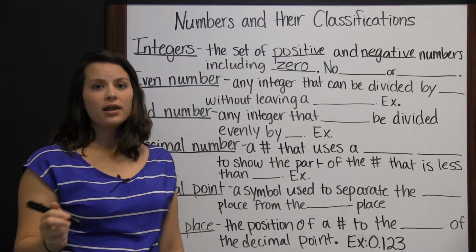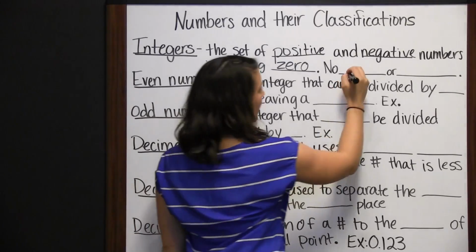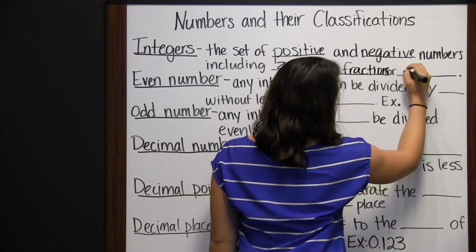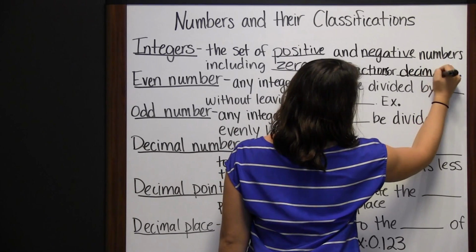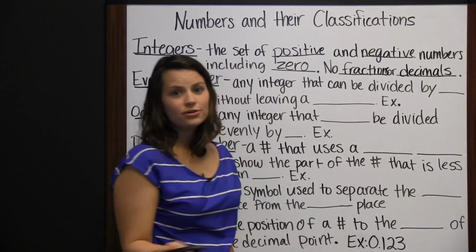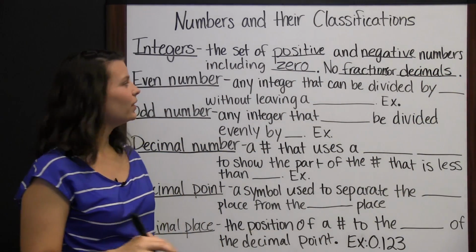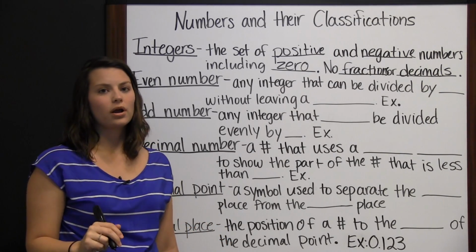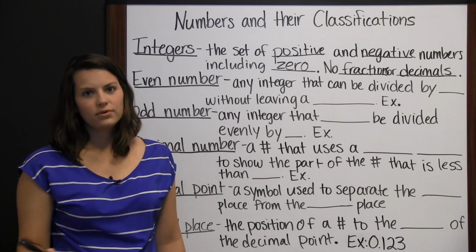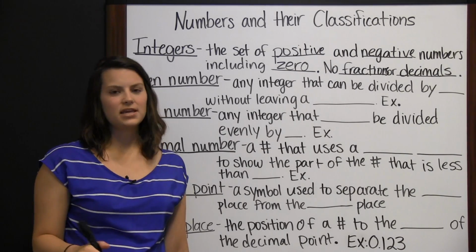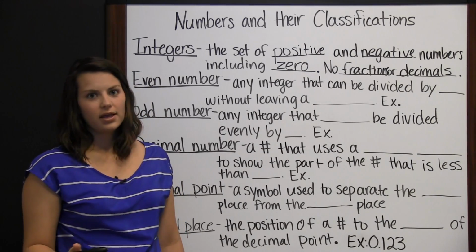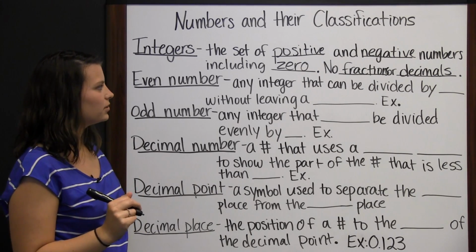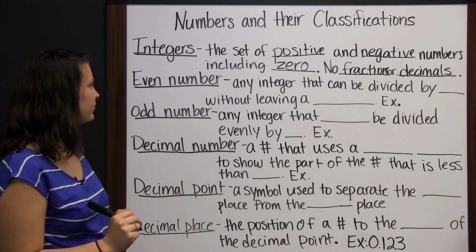But integers do not include numbers like fractions or decimals. That means no mixed numbers either. So integers would only be numbers like negative 100 or positive 7 or negative 15 or positive 2. Just no fractions, no decimals, but we can have positive and negative numbers, and it also includes 0.